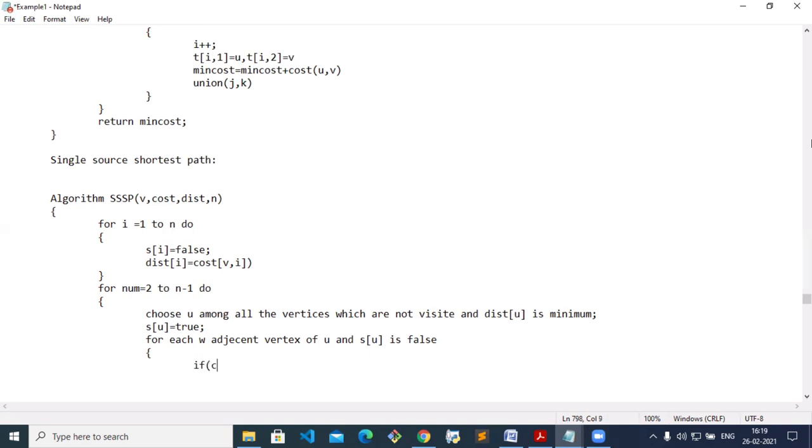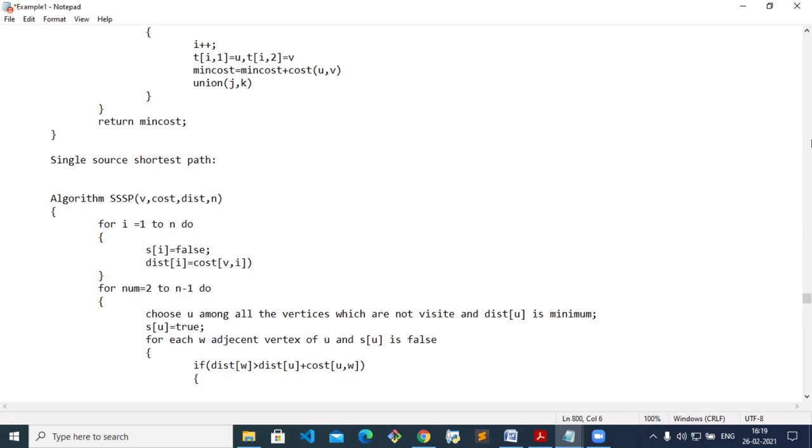If distance of W greater than distance of U plus cost of U comma W, then what we have to do?